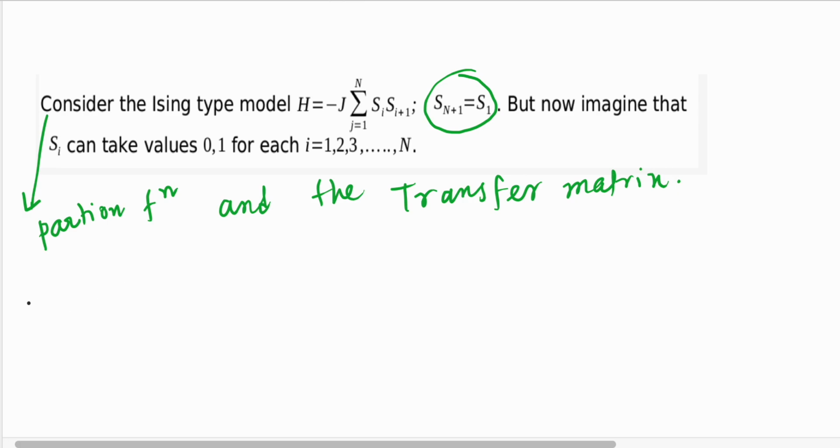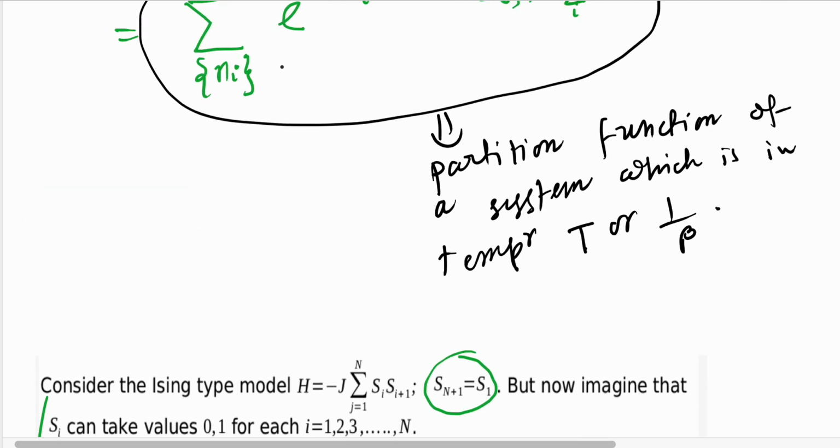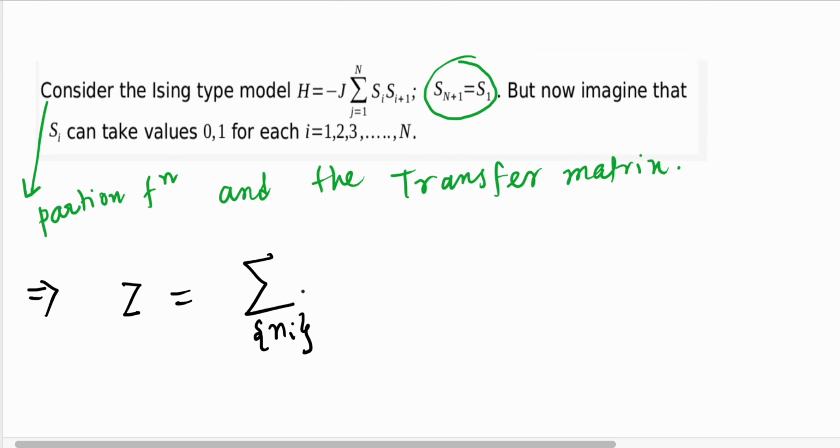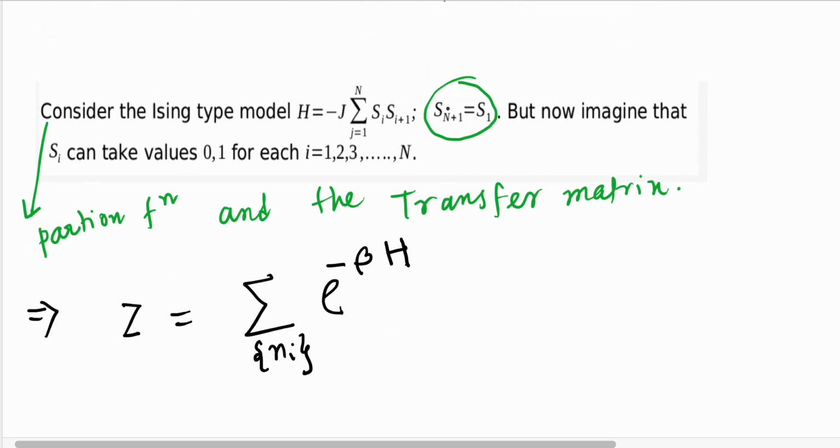As we know from our previous exercise, the partition function is the sum over all possible arrangements of the number of particles of e to the power minus beta times the total energy, which is the Hamiltonian, and the total number of particles is automatically conserved here.